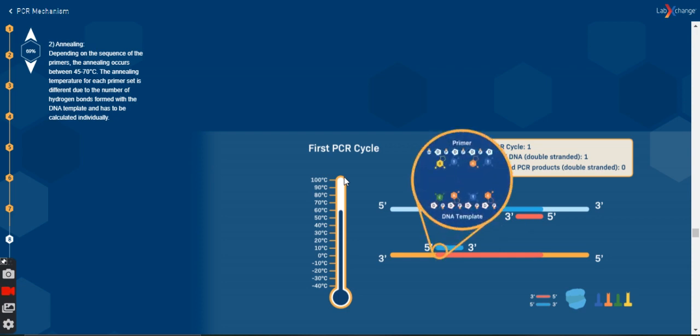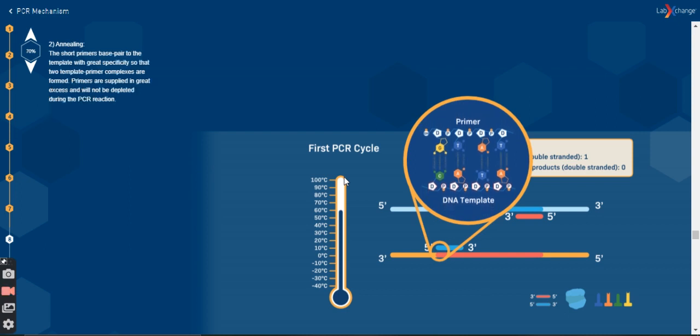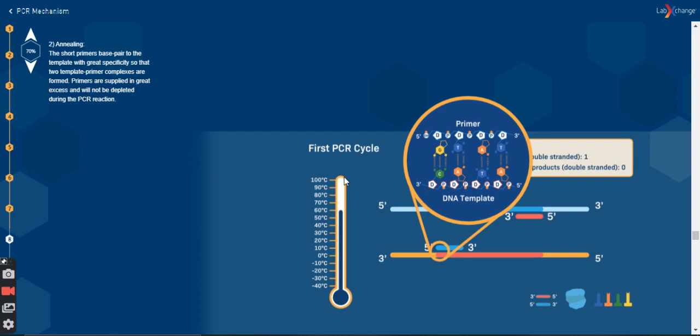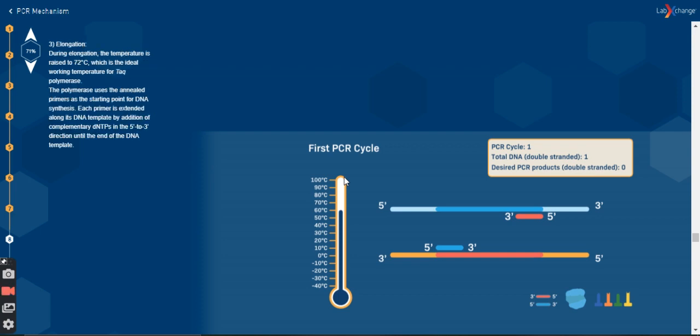The annealing temperature for each primer set is different due to the number of hydrogen bonds formed with the DNA template and has to be calculated individually. The short primers base pair to the template with great specificity so that two template-primer complexes are formed. Primers are supplied in great excess and will not be depleted during the PCR reaction.